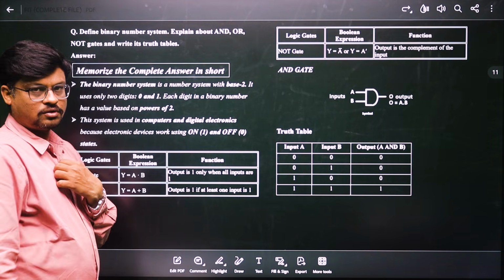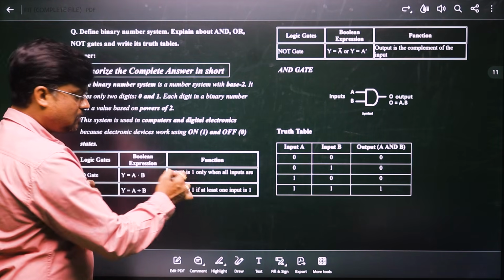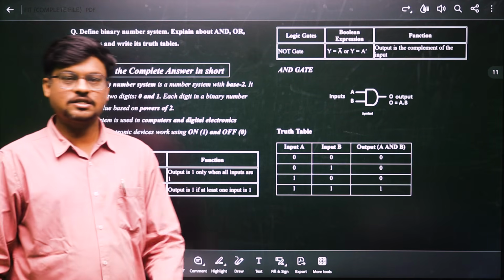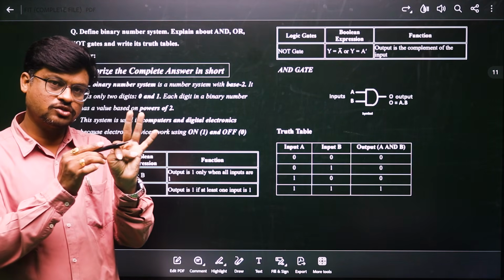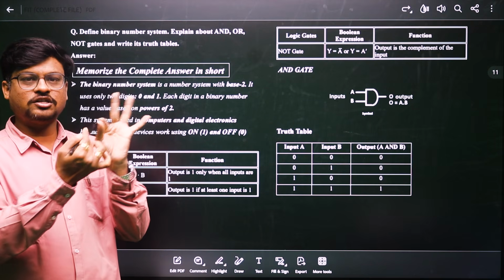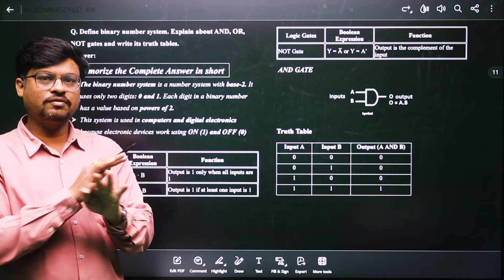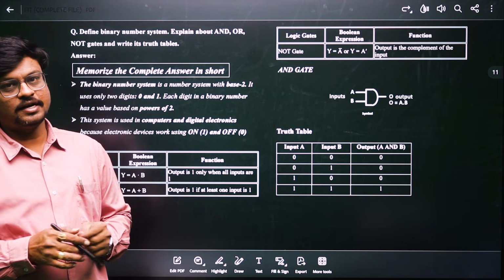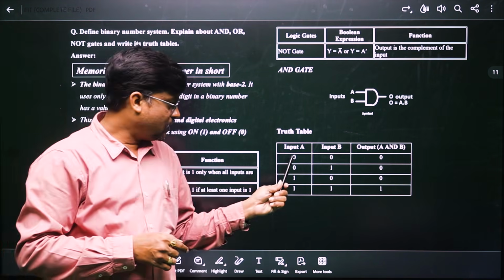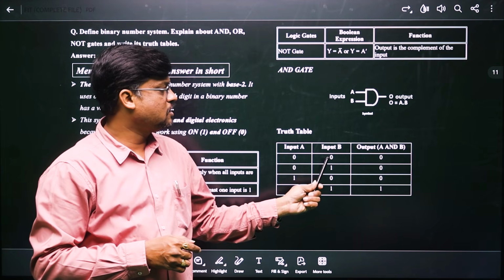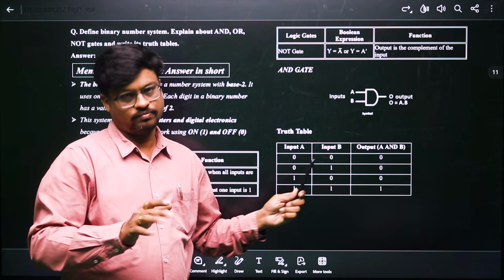Output is true only when all the inputs are true. Just now as I said, if username is true, password is true, then the complete logic is true and you can log into your Instagram. If anyone is wrong, you are out. That is logical AND. Logical AND says, if input A is true, input B is true, your output is true.